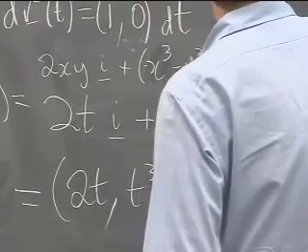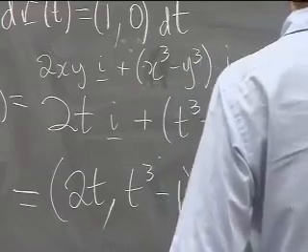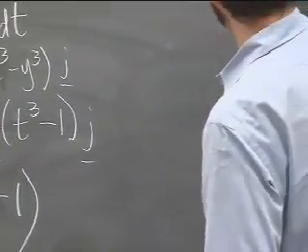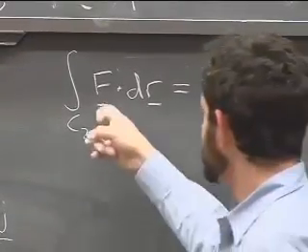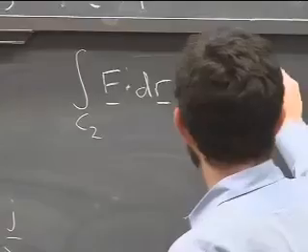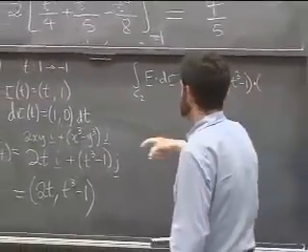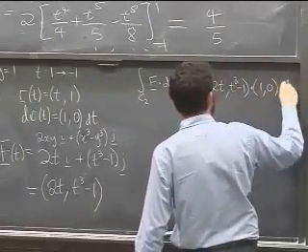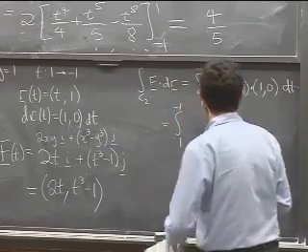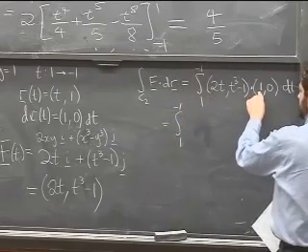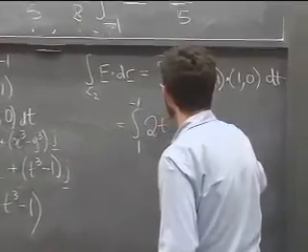So the integral over C2 of F dot dr is the integral with t from 1 to -1. Just make a mental note that it's sort of backwards. F is this vector (2t, t cubed minus 1) dot the dr vector (1, 0) dt. And this is the integral from 1 to -1 of 2t times 1, and then the 0 kills off the other coordinate. So it's just 2t dt.